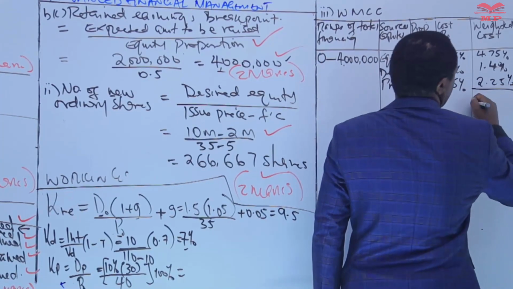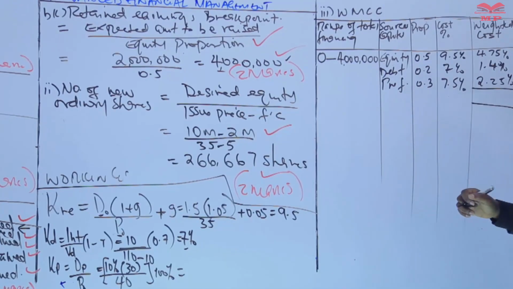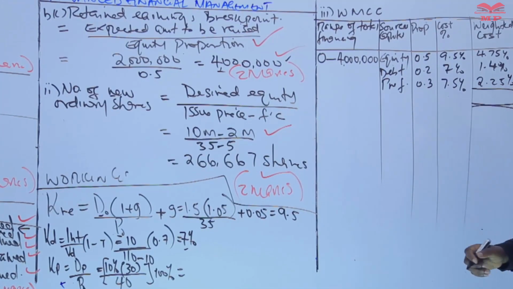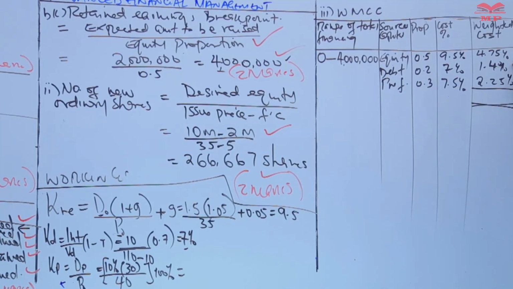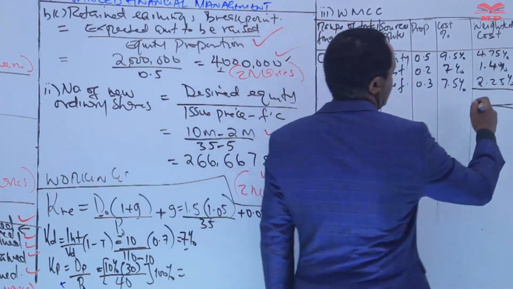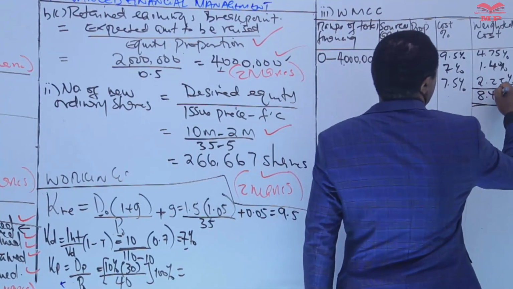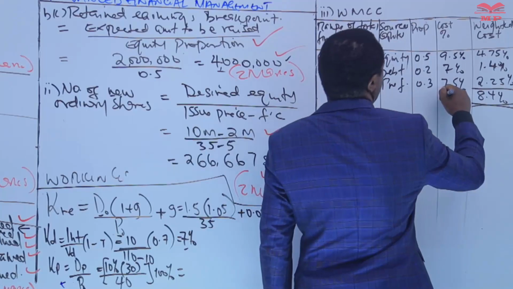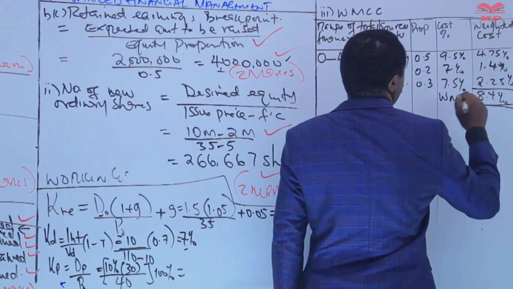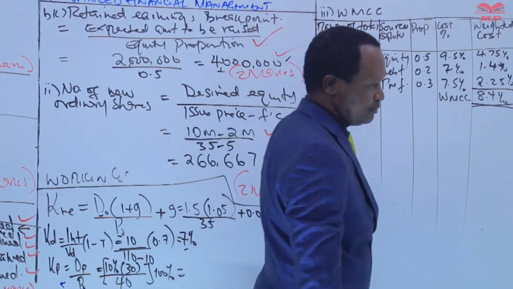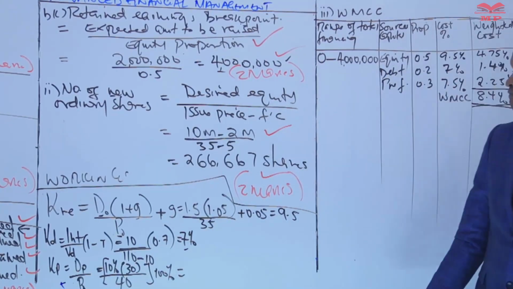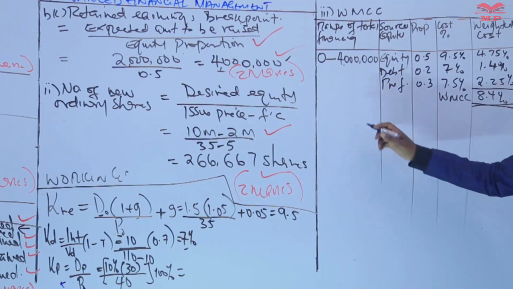Then give me the total cost. 4.75 plus 1.4 plus 2.25%. What is the total? Samuel says 8.4%. So this is 8.4%, and that is the WMCC at that point. Is that clear? That is the first break.